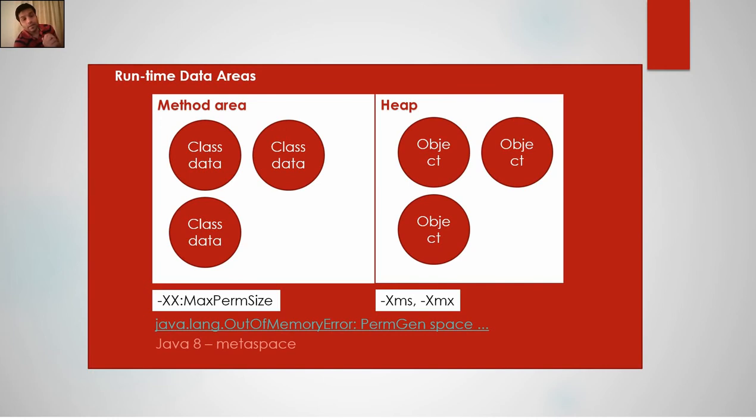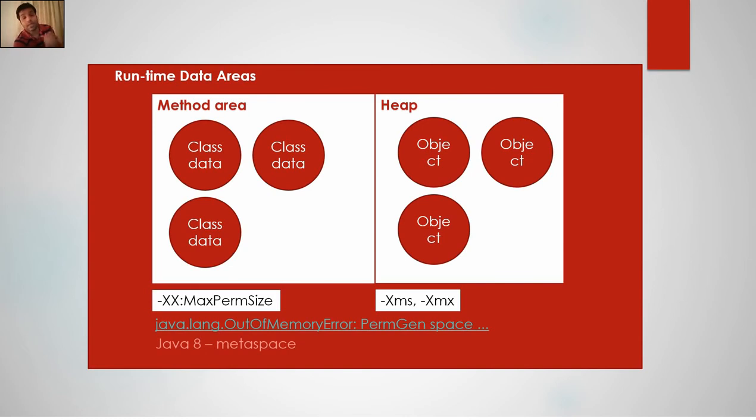So the point is, by default there is no limit to metaspace in Java 8. So it can just grow as long as it can grow based on the operating system. It can just grow and occupy full memory, or it can go to the virtual memory and things like that. So that's the difference between permgen and metaspace.